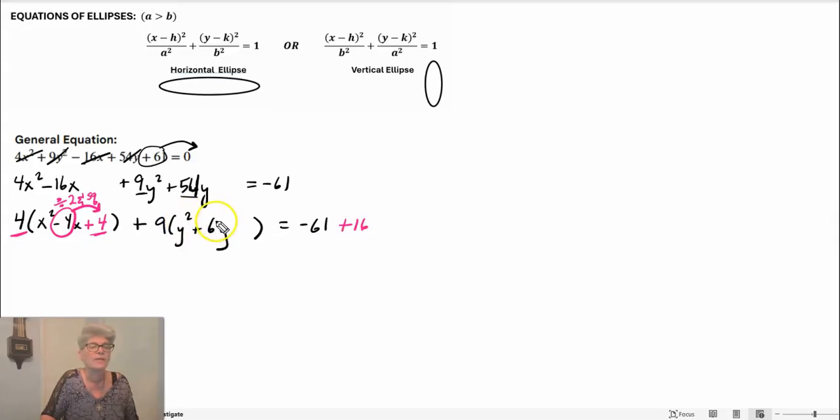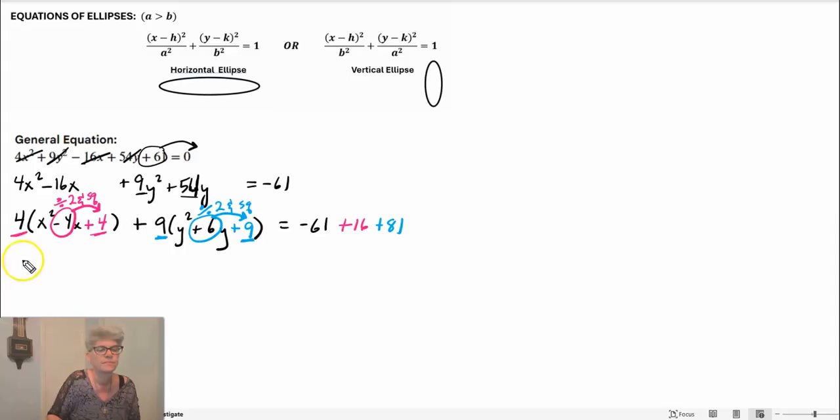And now I'm going to come here and I'm going to complete the square. Same thing. You take that number, you divide it by 2, and then you square it. So 6 divided by 2 is 3, and 3 squared is 9. But what you do to one side, you have to do to the other side, and I have in fact added 81 to this side, so I have to add 81 to that side. Okay?